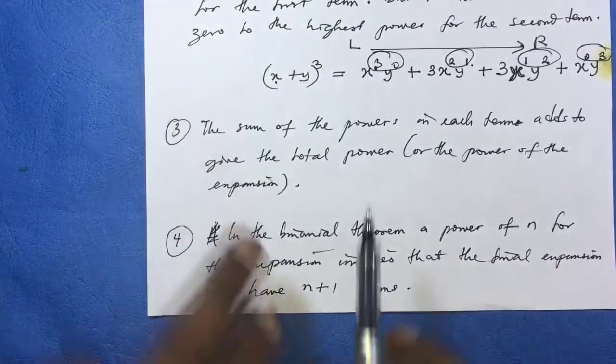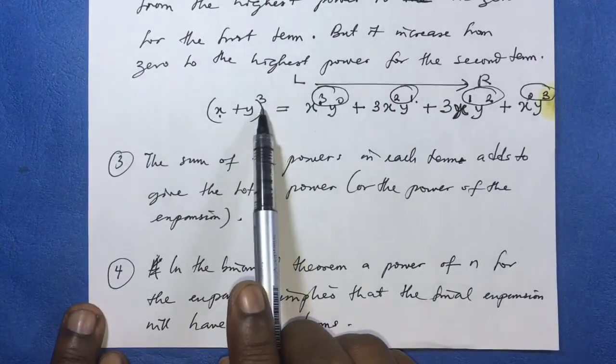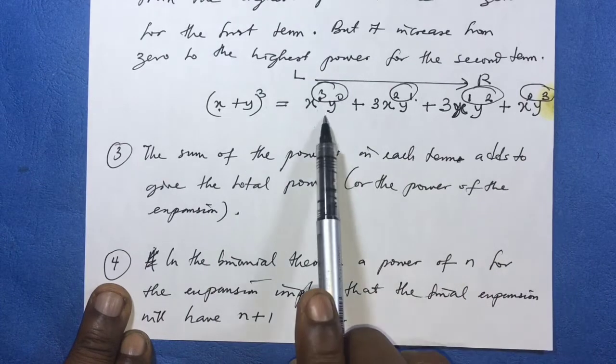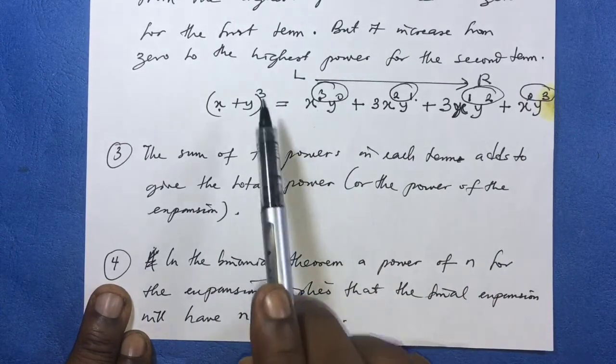Now, what that means is this. Look at this problem. If the expansion carries a power of 3, the final expansion will have 3 plus 1 terms. That is 4 terms.